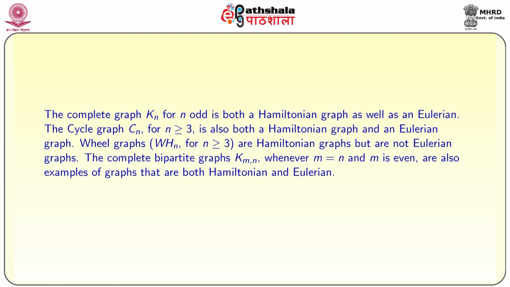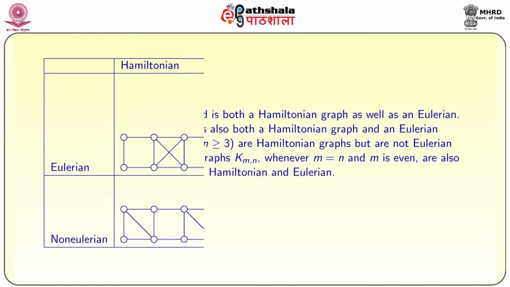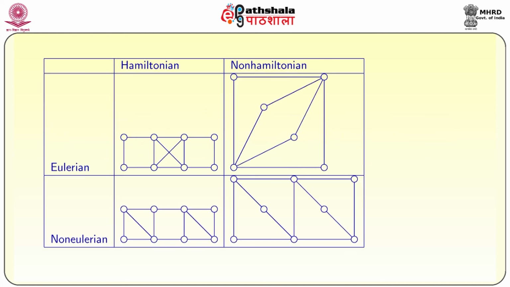The complete bipartite graphs Kmn whenever m equals n and m is even are also examples of graphs that are both Hamiltonian and Eulerian. Now, we are giving a table of graphs which are Eulerian as well as Hamiltonian, Eulerian but not Hamiltonian, non-Eulerian but Hamiltonian, and non-Eulerian as well as non-Hamiltonian.